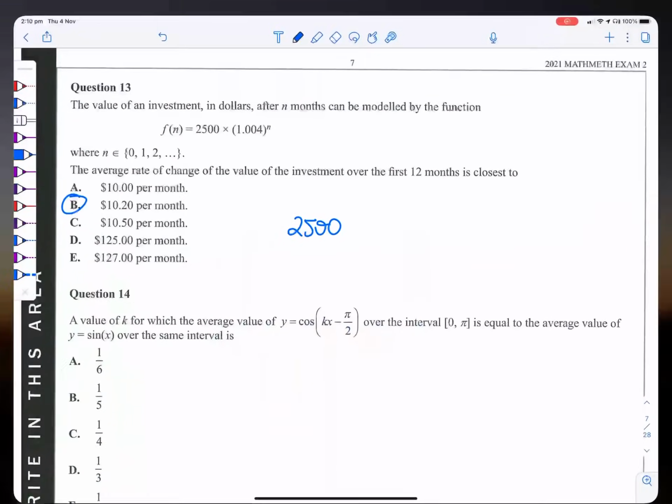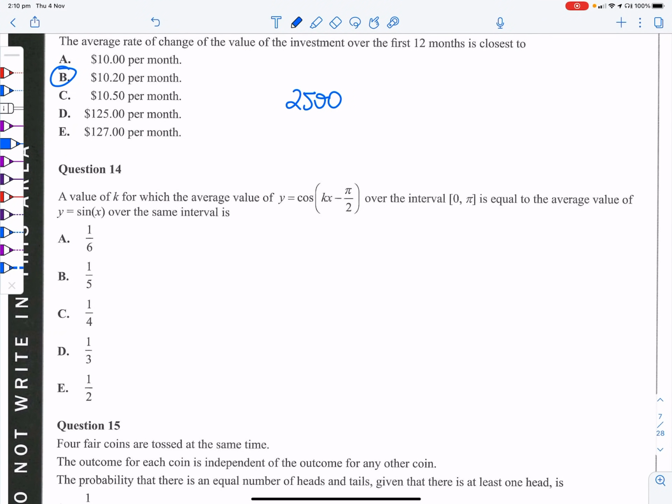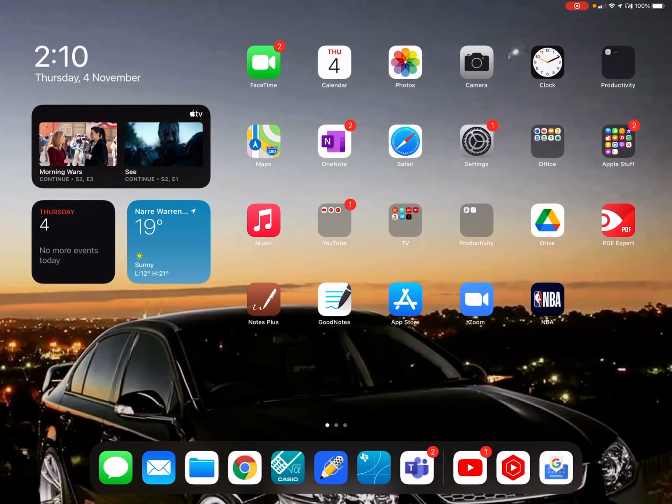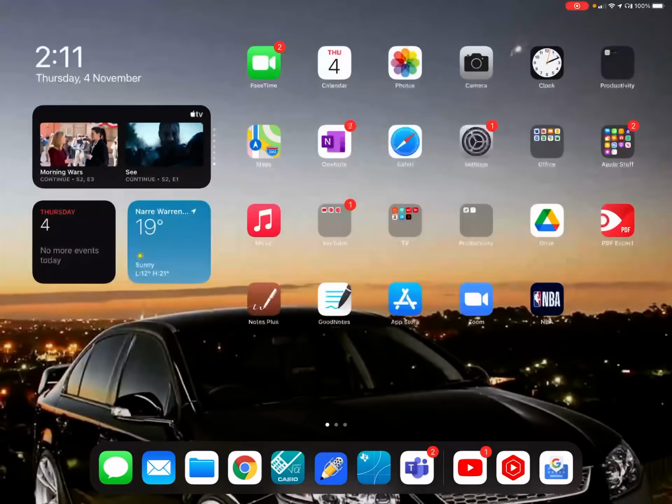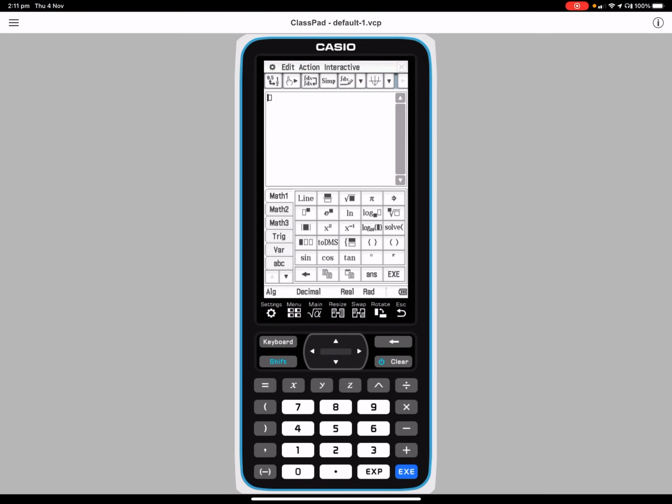That makes sense? Okay, find the value of k for which the average value of that over that interval is equal to the average value of sine x over that interval. Sine between 0 and pi is 0. Oh no, it's not 0. What am I thinking? It's going to be a half, maybe? Okay, let's just do it.